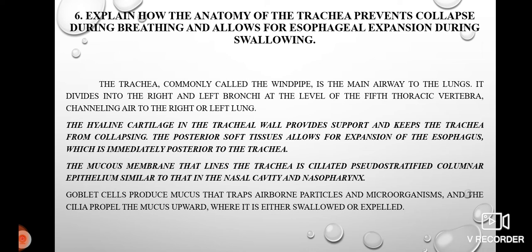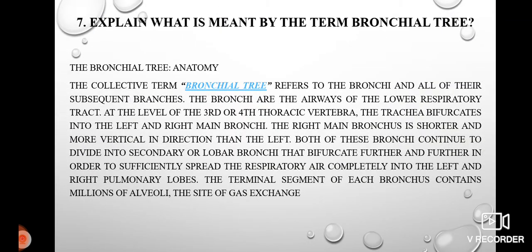The trachea bifurcates into the left and right main bronchi, and the right main bronchus is shorter and more vertical in direction than the left. Both of these bronchi continue to divide into secondary or lobar bronchi that bifurcate farther and farther in order to sufficiently spread the respiratory air completely into the left and right pulmonary lobes. The terminal segment of each bronchus contains the millions of alveoli, the site of gas exchange.